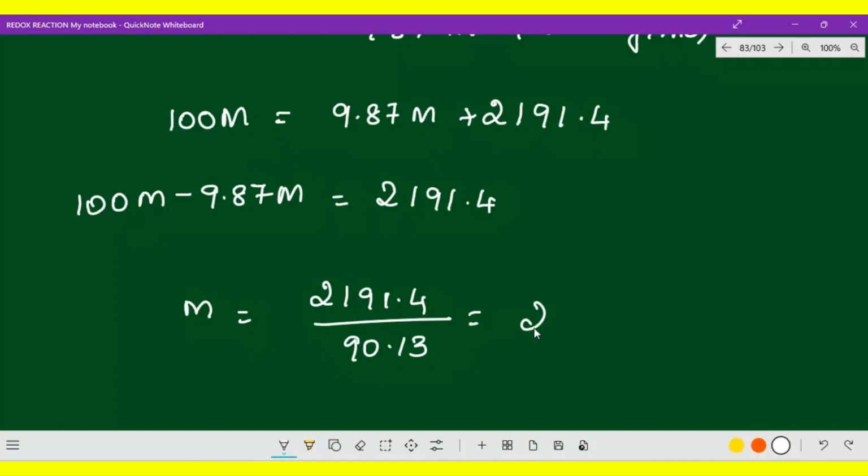Calculation really has taken time. So you'll be getting 24.31. So 24.31 is the mass of that metal.